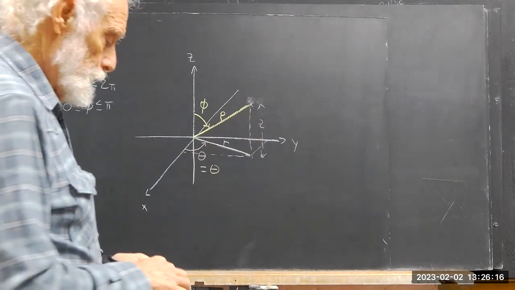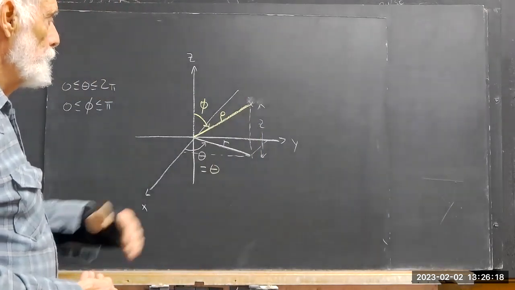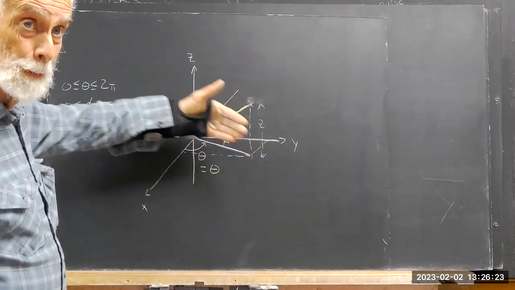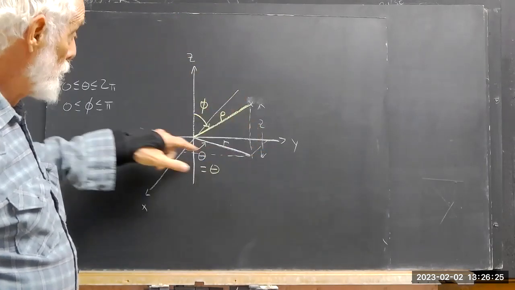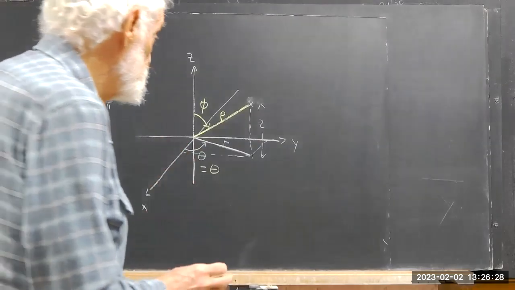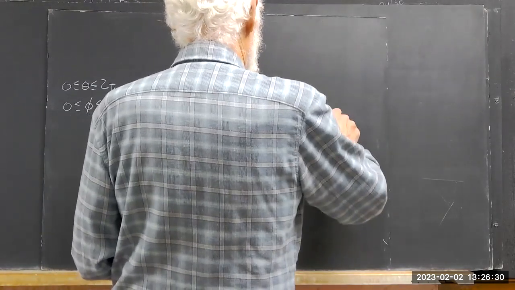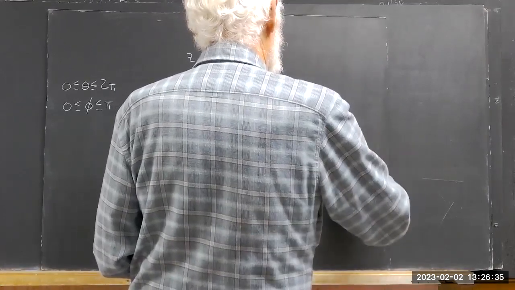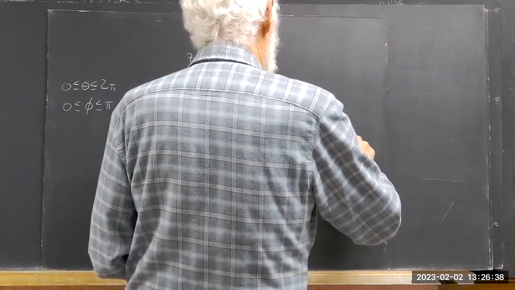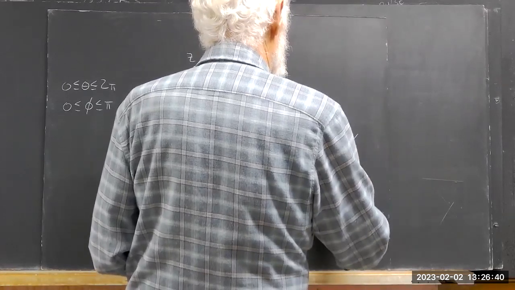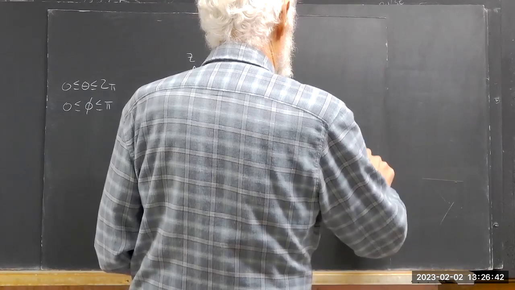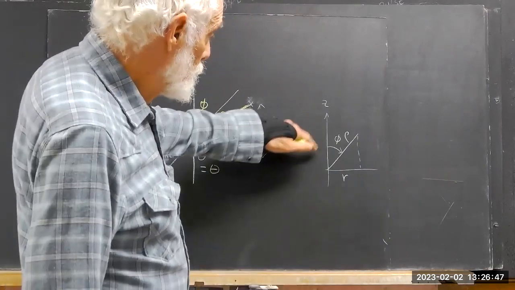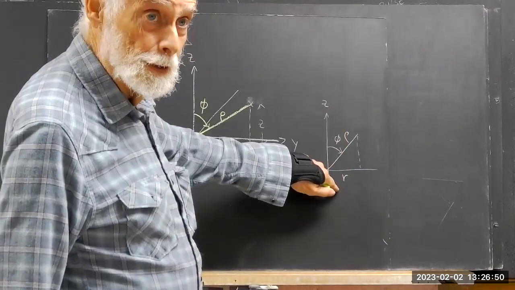Just looking at it from a plane perpendicular to the plane of R, the plane theta equals whatever it equals here. Okay, got the angle phi, the distance rho, and the distance r.